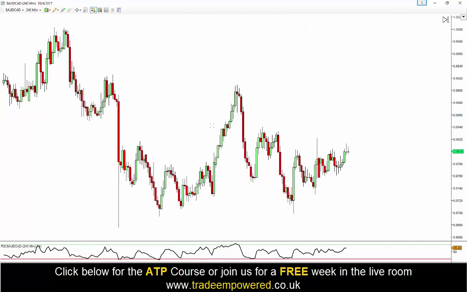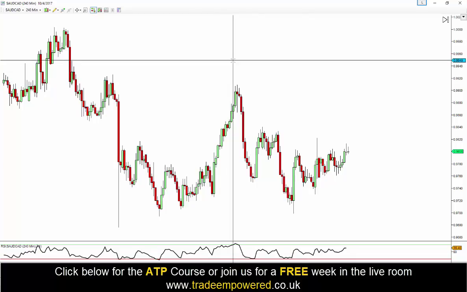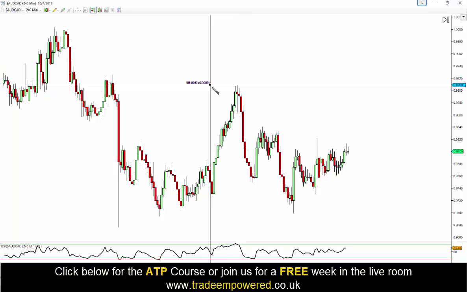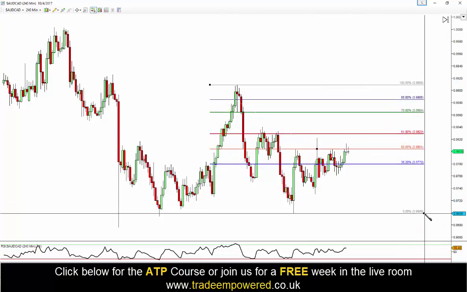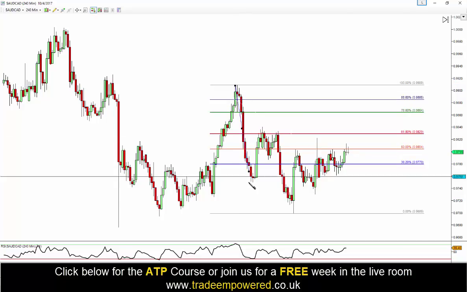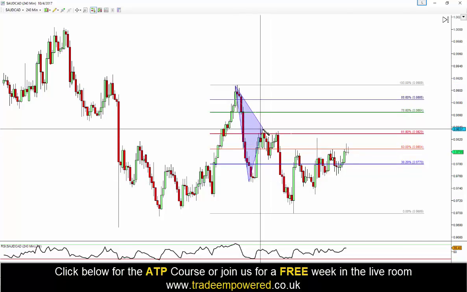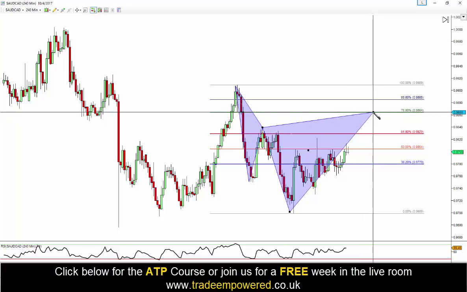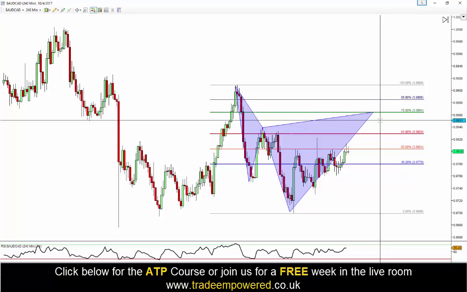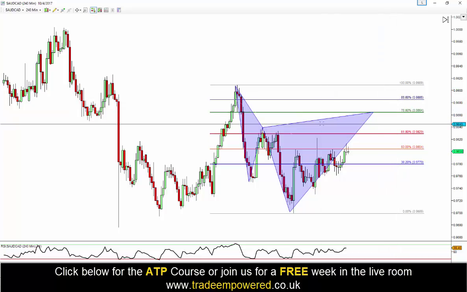So we've dropped down to the 240, and the first one I'm going to share with you is this Cipher pattern here. If we go from swing high at 99.09 to swing low at 96.99, you're going to see that we've got X to A to B, B to C, and a CD completion up here at 98.64. If we're to push up to that level, we have a Cipher pattern completion at 98.64.